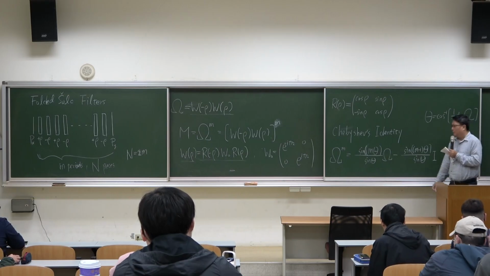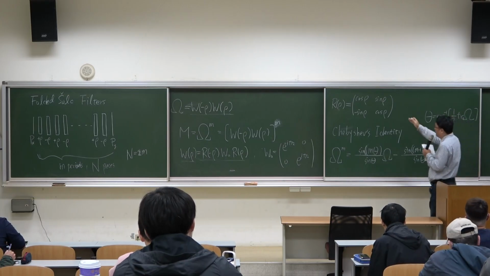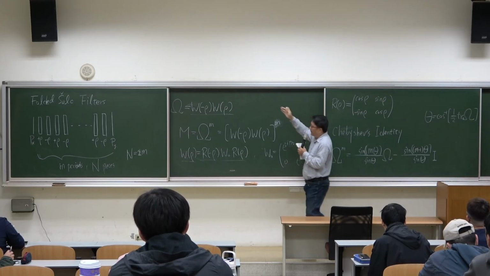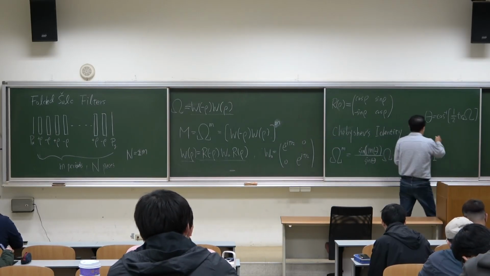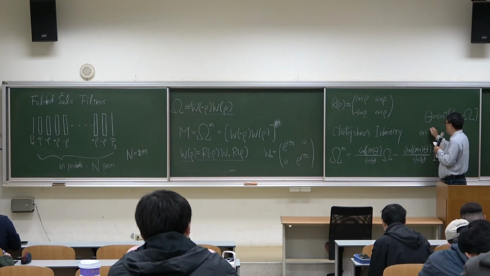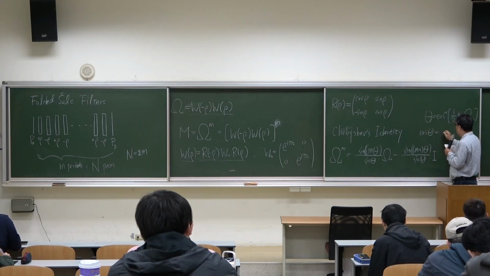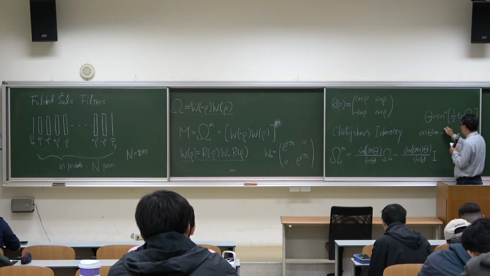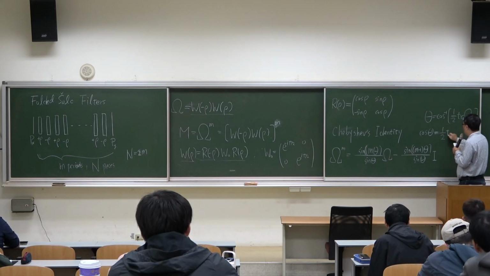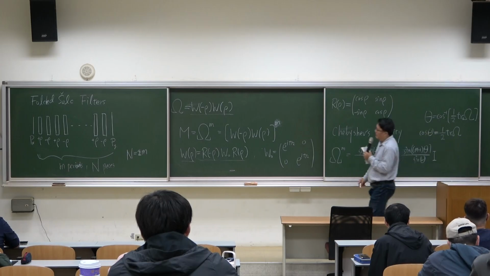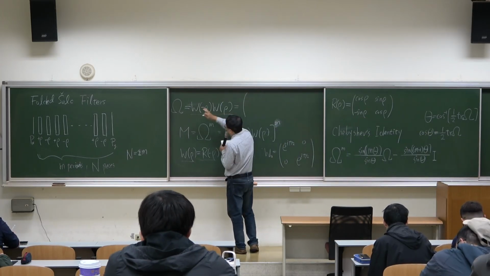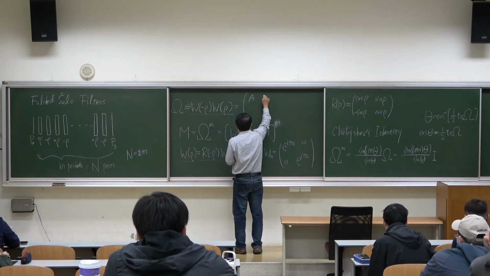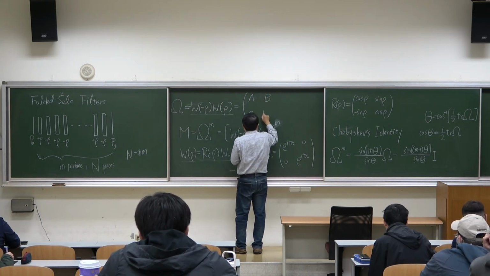Okay. Trace means the sum over the diagonal terms of the matrix. You can also write this as cosine theta. Cosine theta is defined as 1/2 trace Omega. Okay. In the textbook, the author denotes this capital Omega as A, B, C, D.